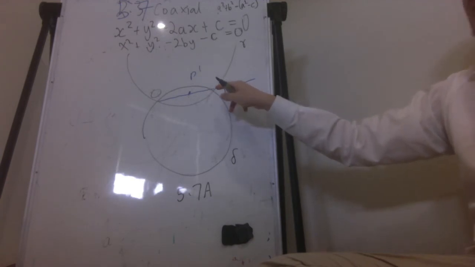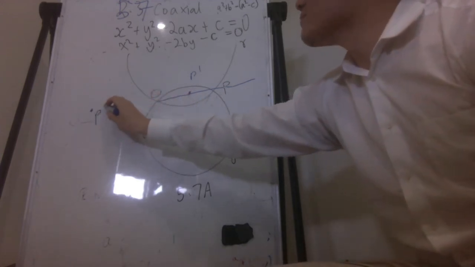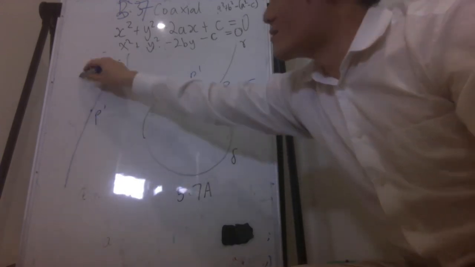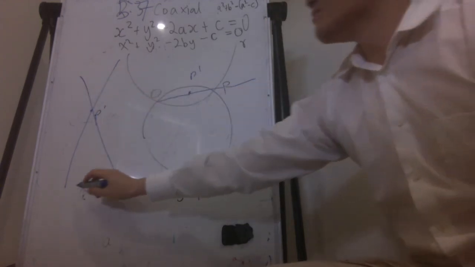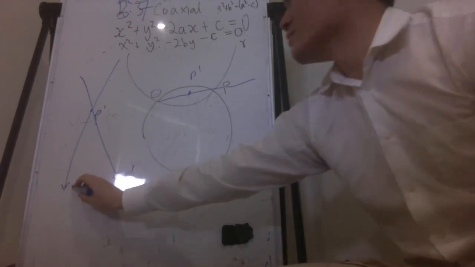So the image will look like this: P prime, and two lines that go through P prime. I'll call this one gamma prime and this one delta prime.